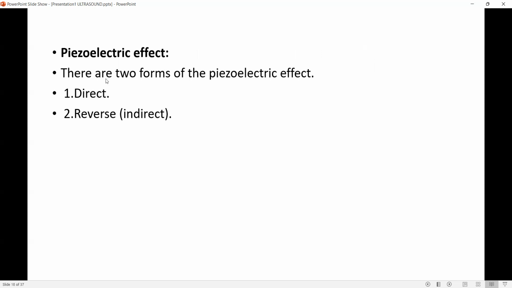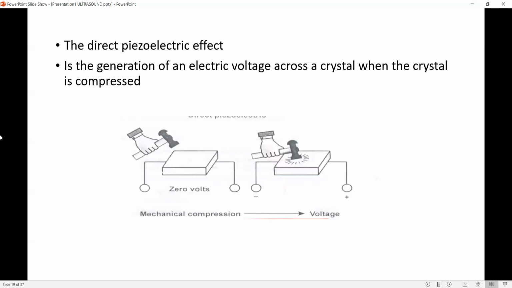Piezoelectric effect. There are two forms of the piezoelectric effect: first is direct, second is reverse, that means indirect. The direct piezoelectric effect is the generation of an electric voltage across a crystal when the crystal is compressed.